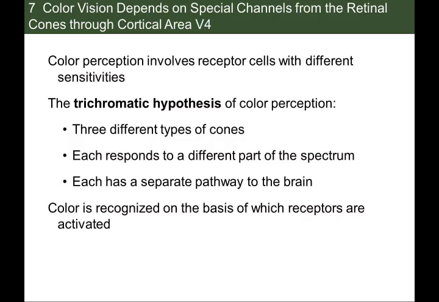So blue is the opposite of yellow, green is the opposite of red, and then some say black and white. So we used to think, well, it's either one or the other, which theory is correct in terms of perceiving color. And as it turns out, they're actually both correct, but at different levels of that visual pathway.